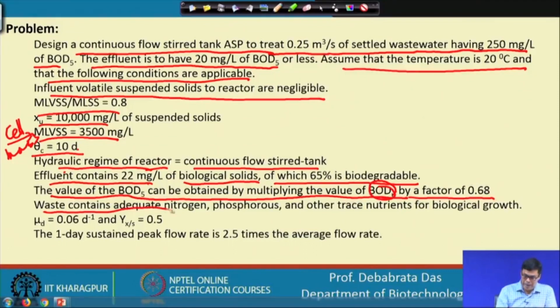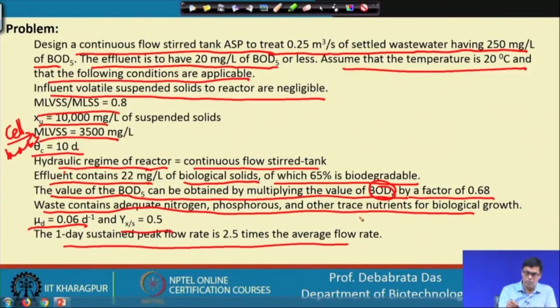The waste contains adequate nitrogen and phosphorus and other trace nutrients for biological growth. Mu d is the specific death rate constant. The death rate is 0.06 per day and the yield coefficient is 0.5. The peak flow is 2.5 times the average flow.